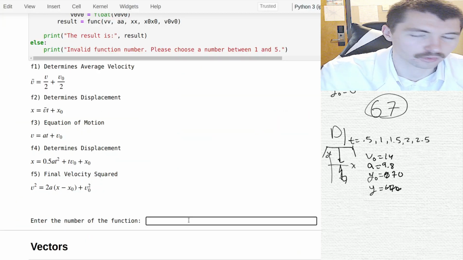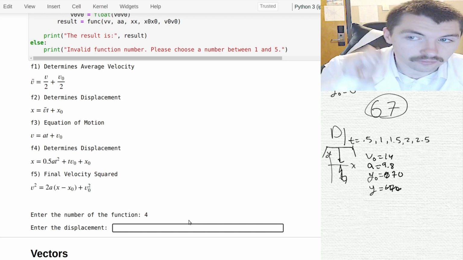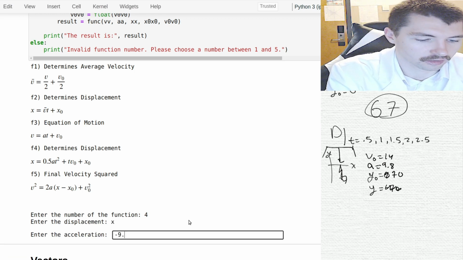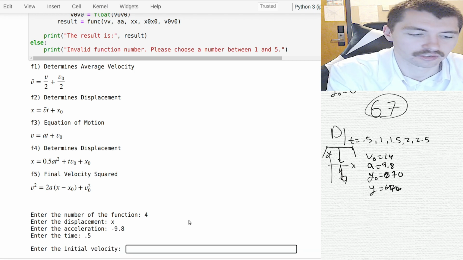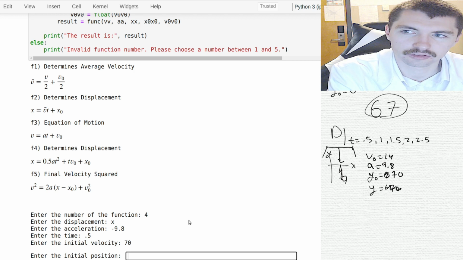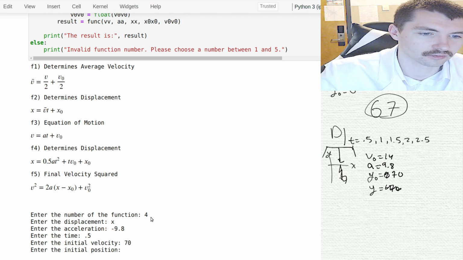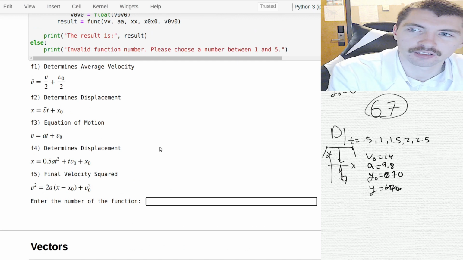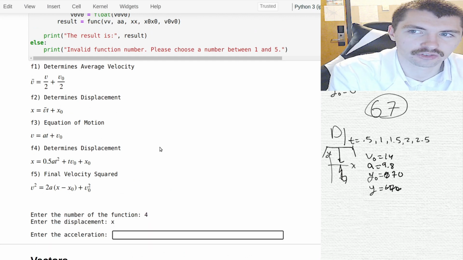So we're going to do function 4. Displacement is x, negative 9.8, t 0.5, 70. No. Okay, want to retry? Function 4, solving for x.